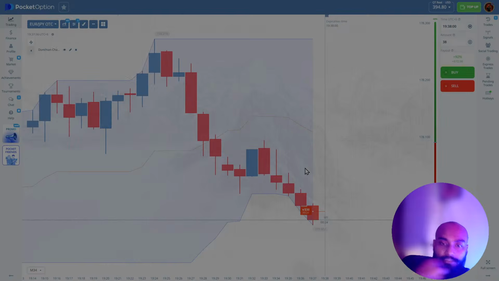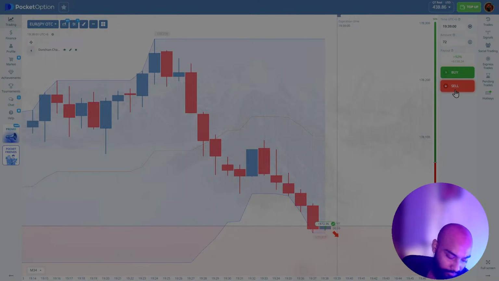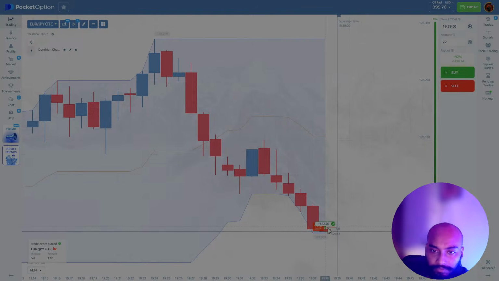The whole trend is going down, so why don't you take advantage of it, right? And on the next trade, I will also do my final trade. Okay, next trade again down. $72 trade.